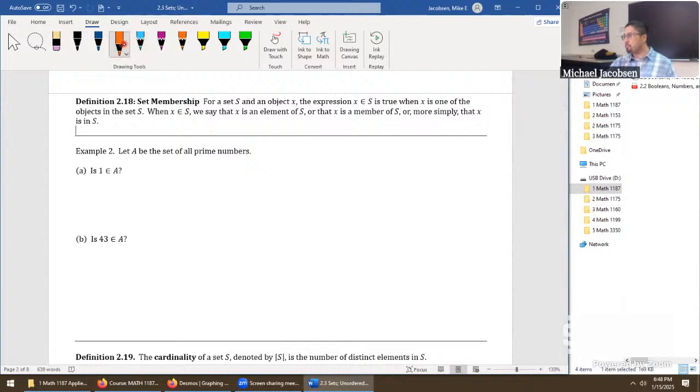A lot of times people just abbreviate that whole symbol as "in," or you could say "element of." So x is an element of the set S is what you could say, or just x is simply in S. A lot of times in mathematics, this is a kind of weird stylistic issue. We're really focusing on set theory, so we're going to use a lot of these special symbols.